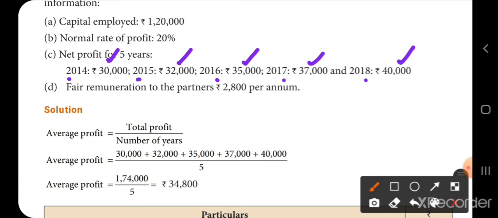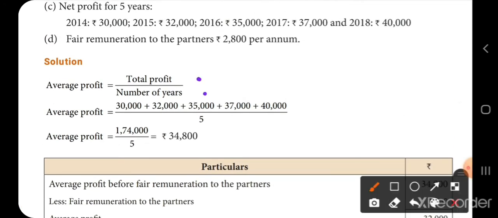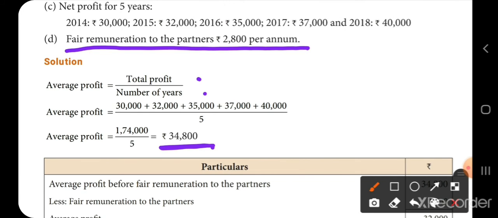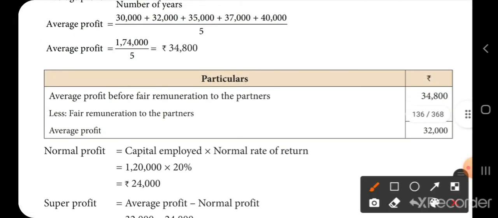Average profit is equal to total profit by number of years. You get 34,800. Now, all the adjustments should be made from this average profit. So, fair remuneration to partners, you have to minus that amount from the average profit. So, you get adjusted average profit as 32,000.